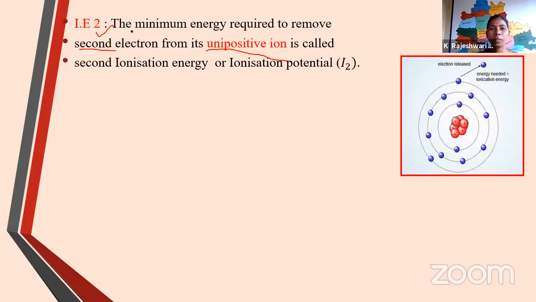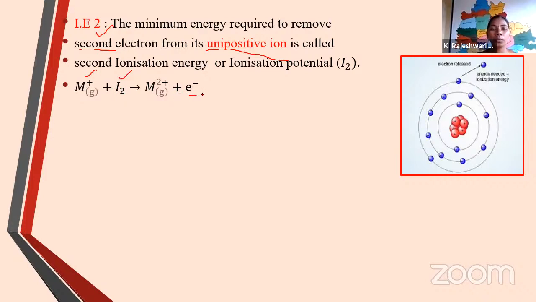So there is a difference between I1 and I2. I1 is the minimum energy required to remove one electron, but I2 is to remove the second electron. There it was a neutral gaseous atom, but for IE2 it is a unipositive ion, remaining all the same. Let us see with an equation. We take the unipositive ion which we got from the first ionization energy and apply second ionization energy again.